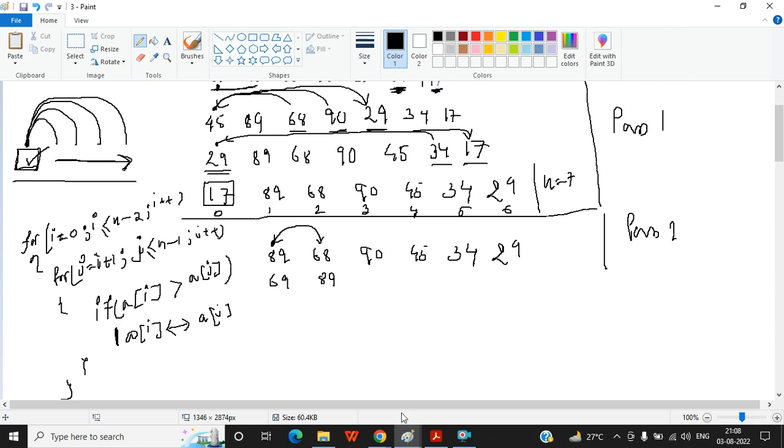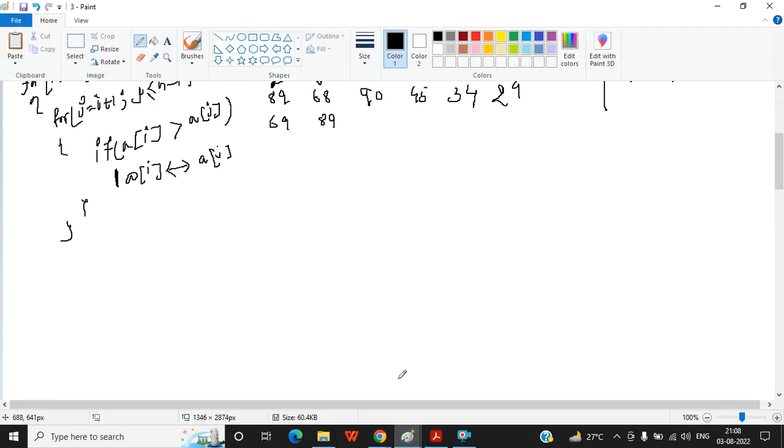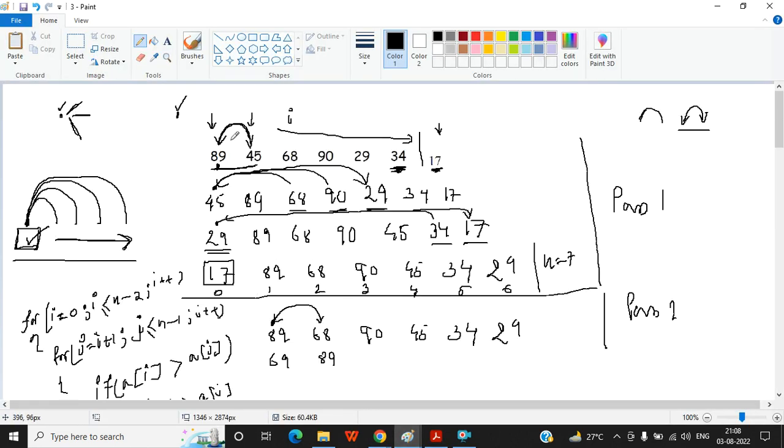Otherwise, if you are taking min, what they are actually trying to say here is, as I told you, if the latter is smaller than this one, then at once you interchange it. But in this algorithm, they are not interchanging it. They are holding the place in some variable called min. After that, they start comparing this element with the rest of the elements.